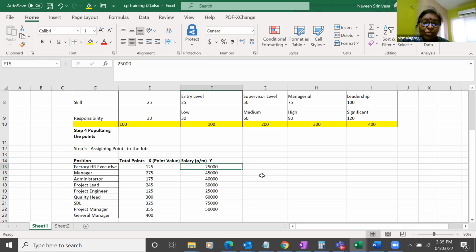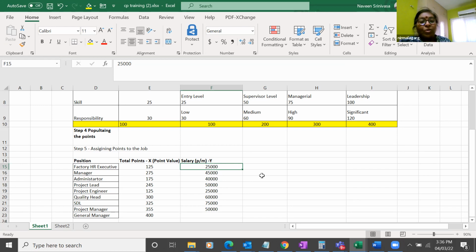Maybe 10% of your jobs are unique only to your industry or organization, and you cannot find comparable positions in the market. So they use regression, and then use the slope and intercept value to calculate what you have to pay the general manager.